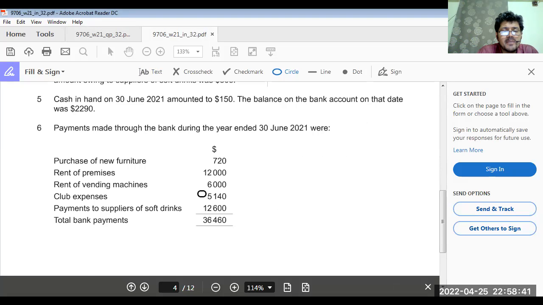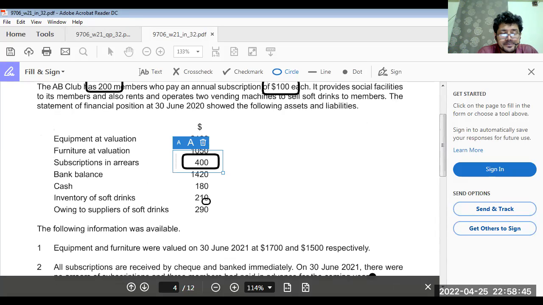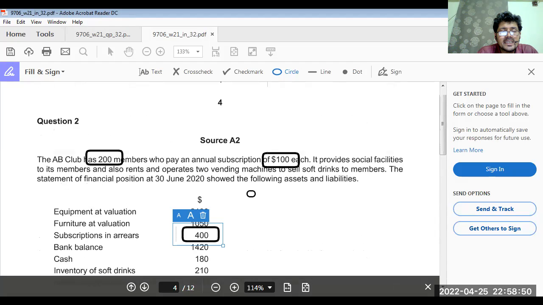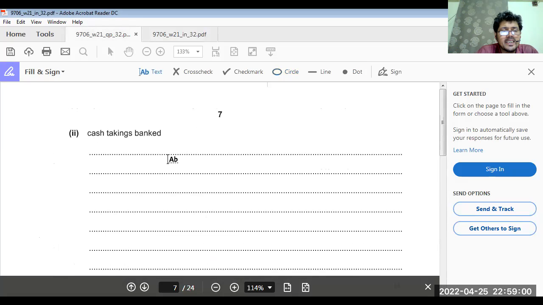Okay. We have to make a T account for bank. Getting my point clear? We have to make a T account for bank. Okay. Or we can calculate using a calculator as well. Okay. So what we do? Opening cash balance 1420.